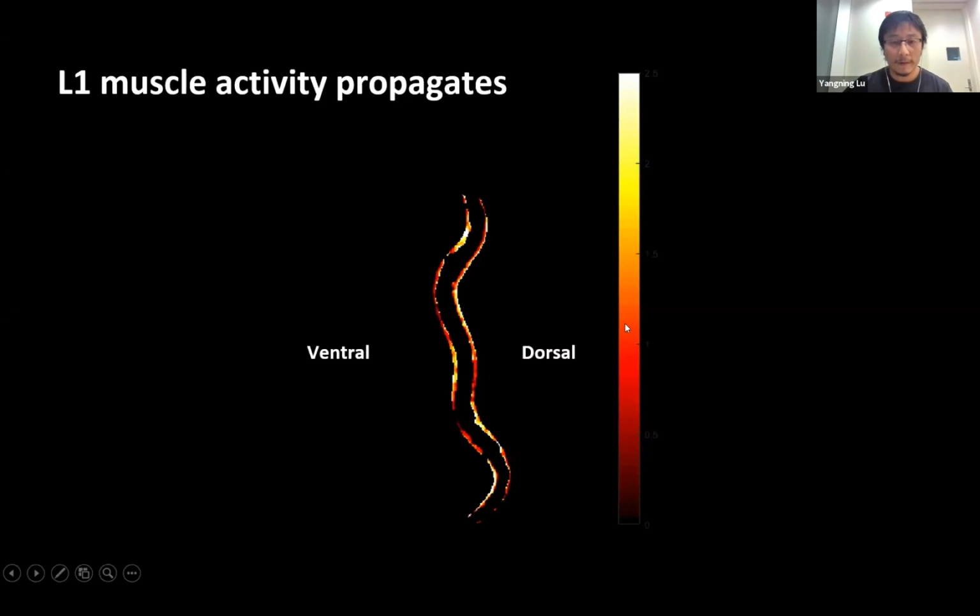So curious about how the muscles actually behave during the L1, the first larval stage C. elegans locomotion, we used the genetically encoded calcium indicator GCaMP and expressed it in the muscles with an RFP as a ratiometric indicator. The ratio of these two would tell us how the muscles change its activity during the locomotion.